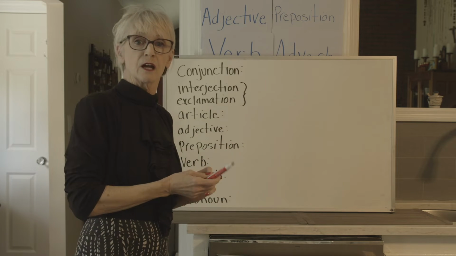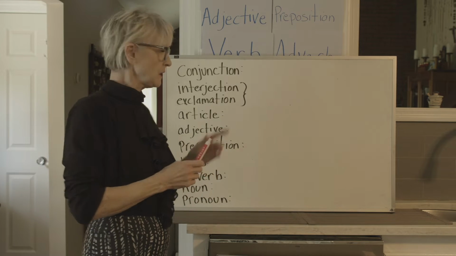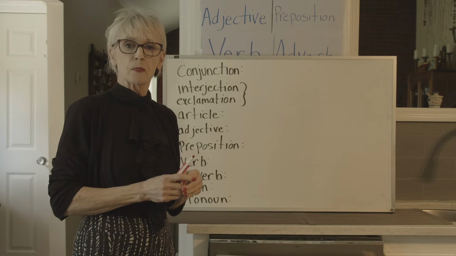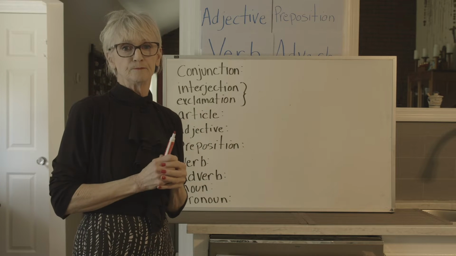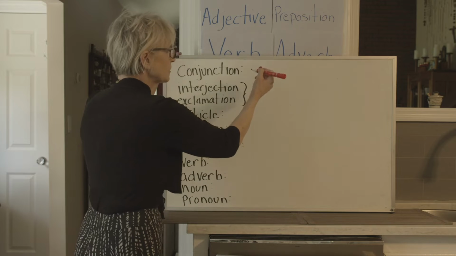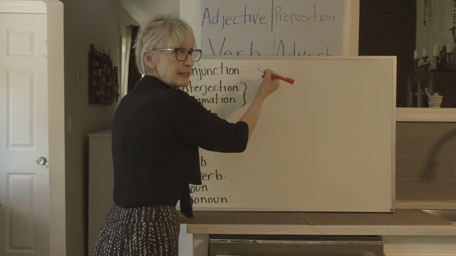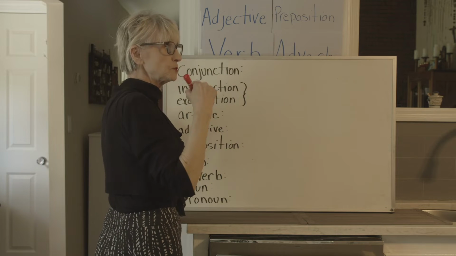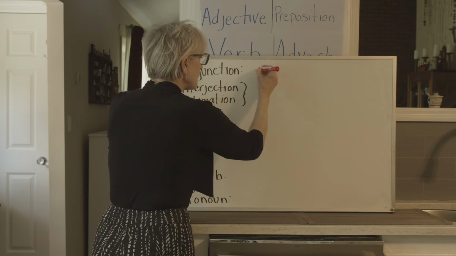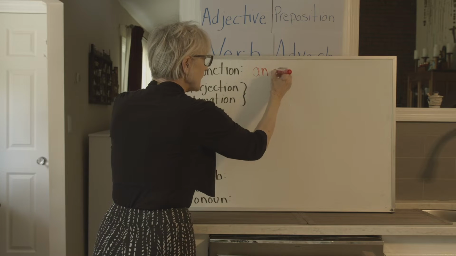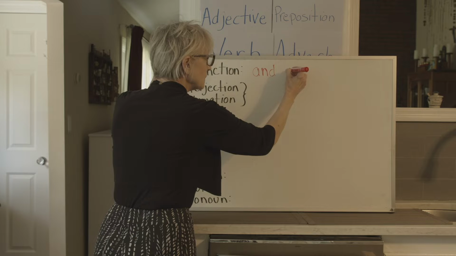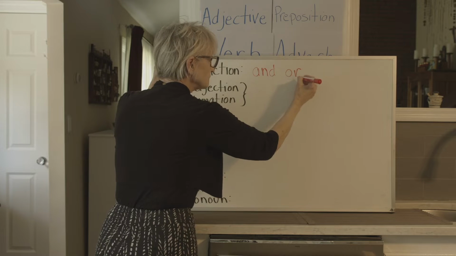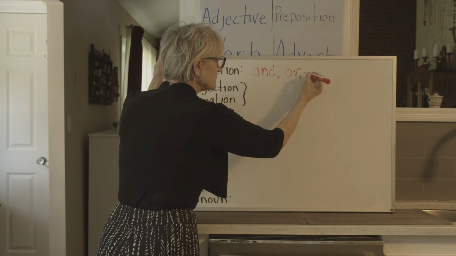Conjunction. A conjunction puts something together. So for example, I like cookies and cake. That's a conjunction. Or, and, but.